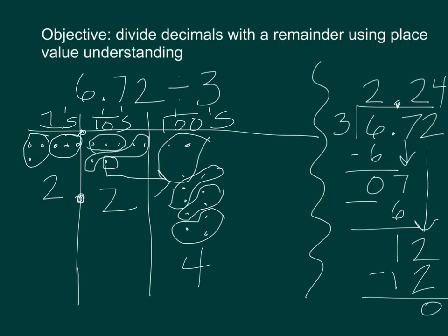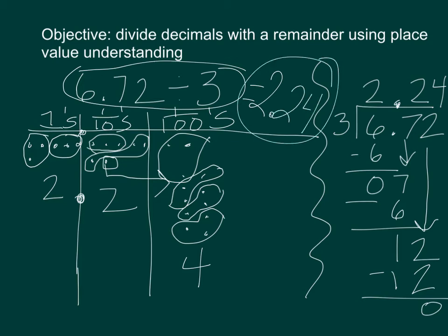So 6.72 divided by 3 equals 2.24, or 24 hundredths. So in this case, I solved 2 ways. I used my place value chart and I related that to the standard algorithm of division.